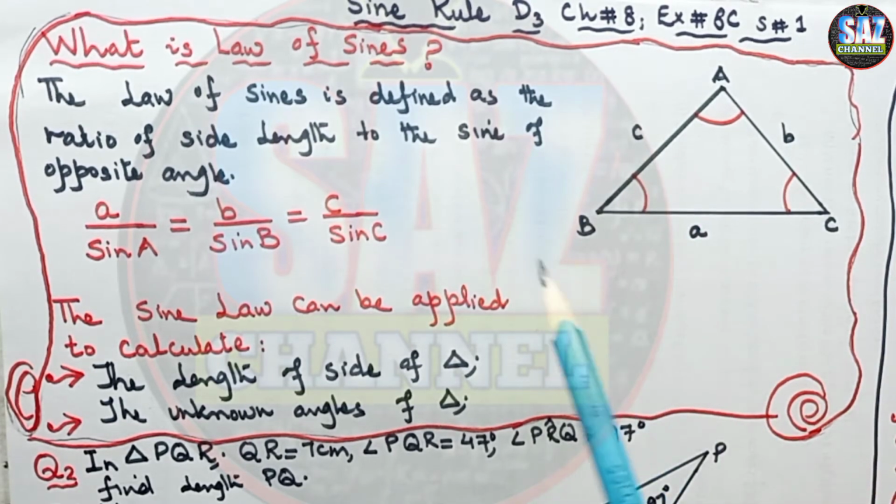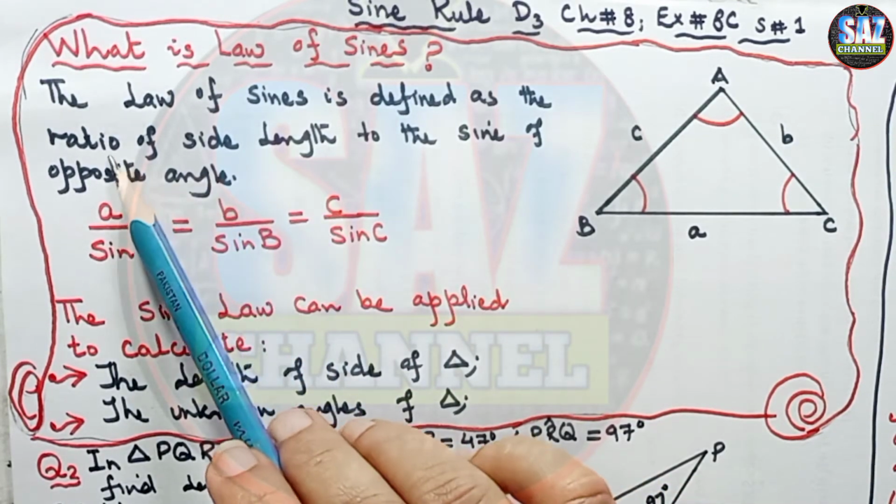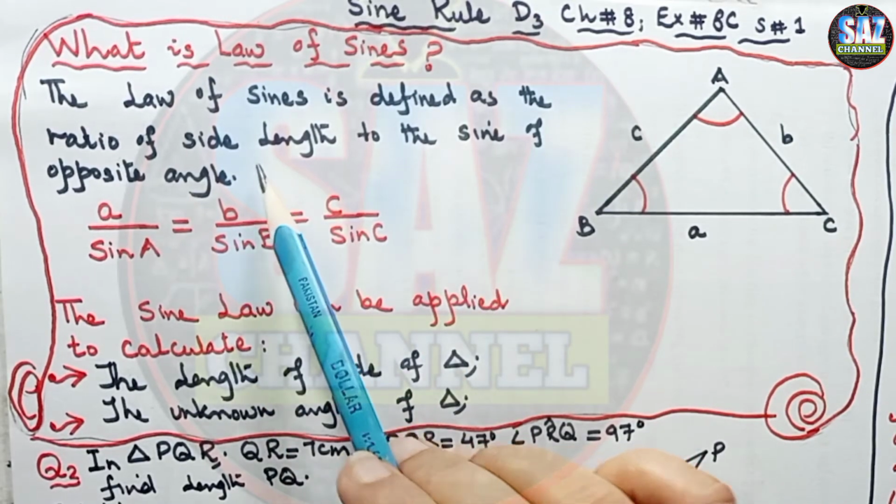Then the sine law says that the ratio, ratio meaning to divide something, of side length to the sine of the opposite angle.